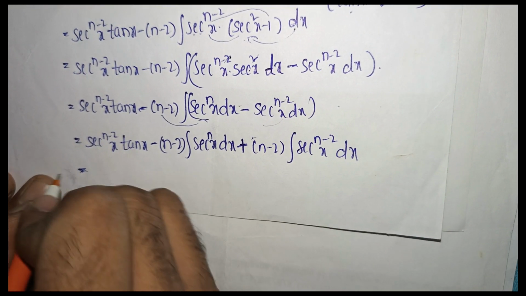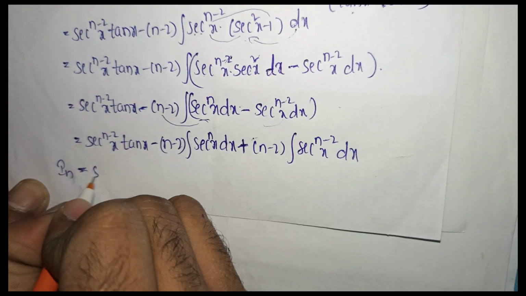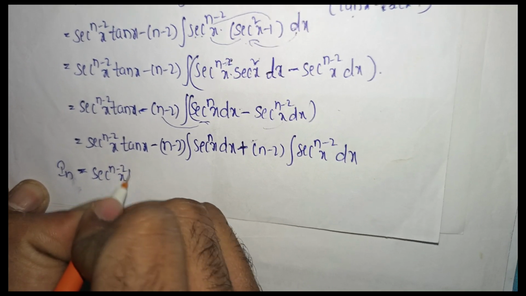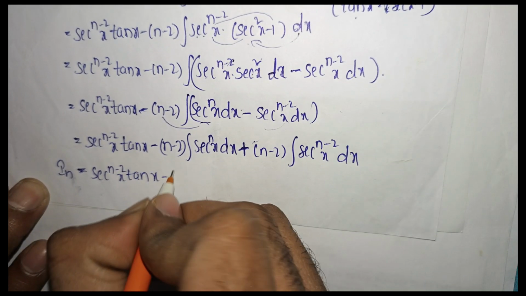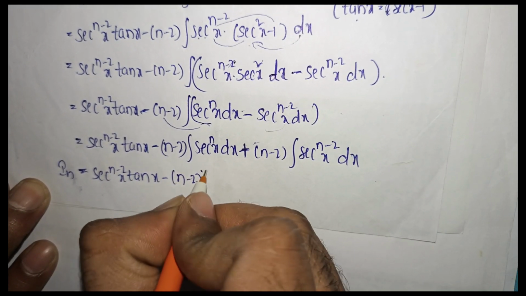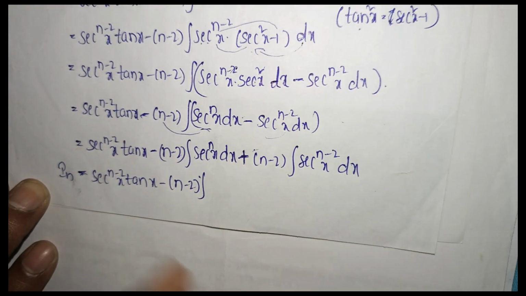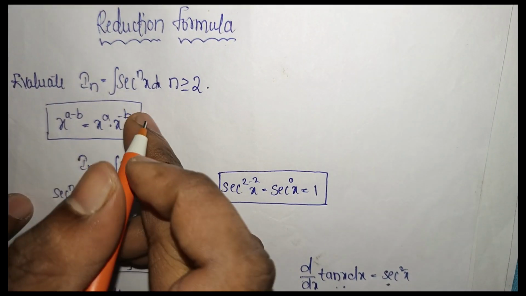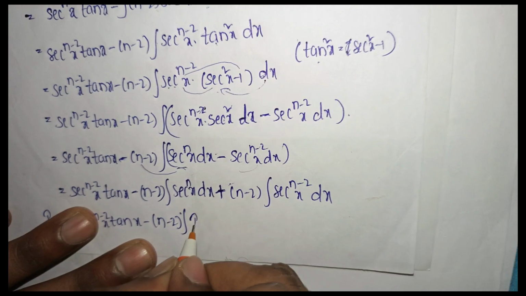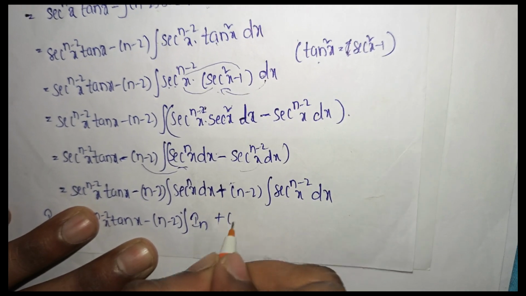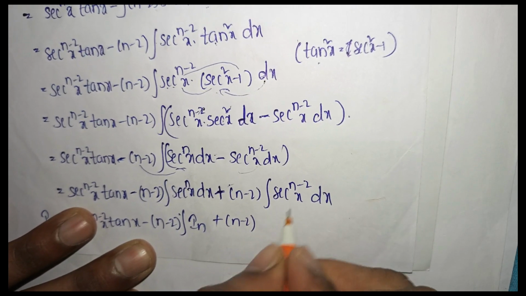So In is equal to secant to the power of n minus 2 x tan x minus n minus 2 integration of, how can we write this? We can write this in the form of In, right? Look here, In is equal to secant to the power of n x dx. So I am just replacing it, In plus n minus 2. How can we write this?